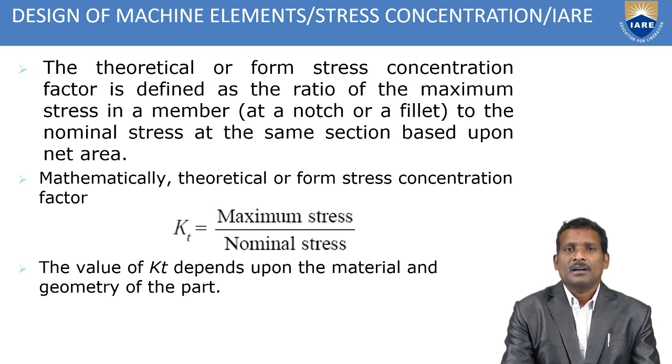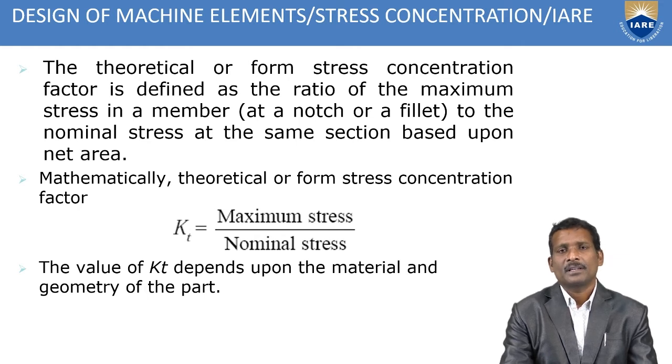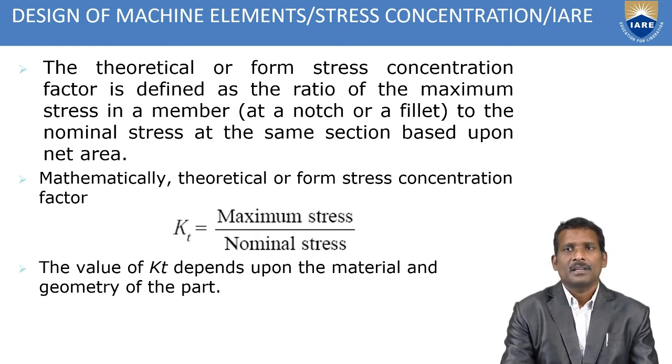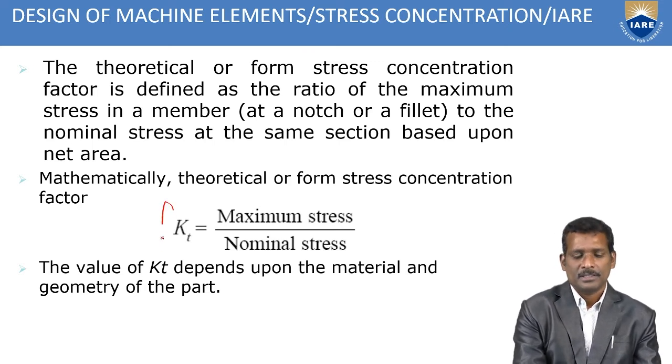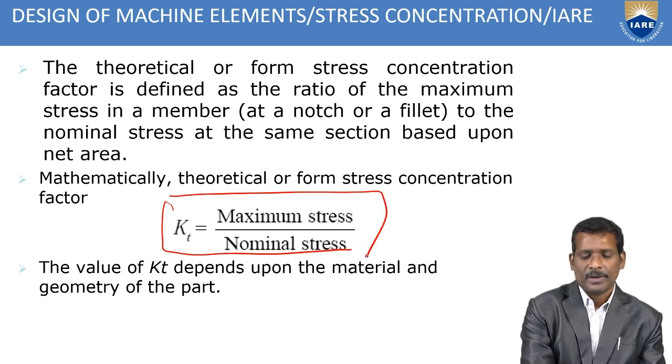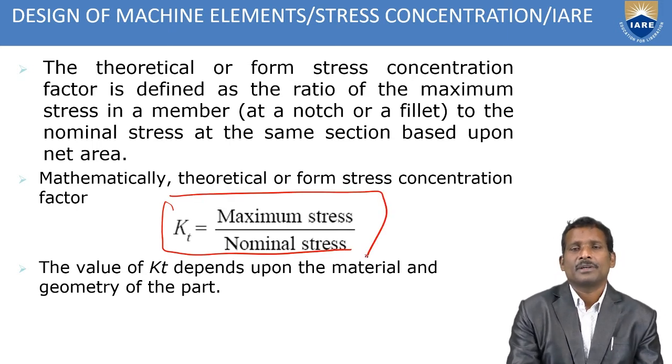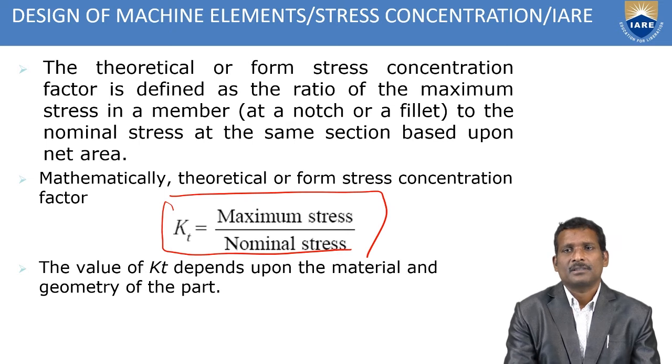The theoretical or form stress concentration factor is defined to calculate the localized stresses, as the ratio of the maximum stress in a member at a notch or fillet to the nominal stress. This is the stress concentration factor. It is represented by KT, the theoretical stress concentration factor.